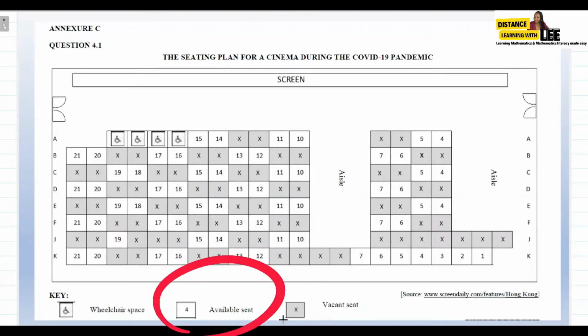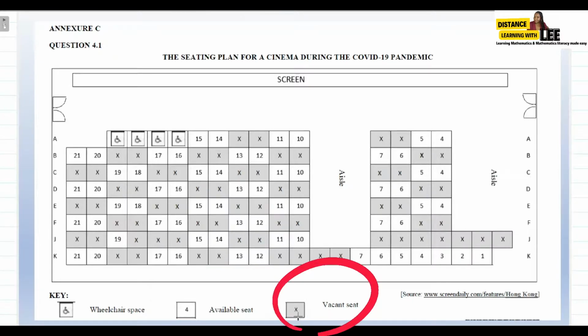And when we see a square with a gray shade, that tells us that it is a vacant seat, or a seat that needs to be left vacant. The word vacant means that it needs to be left empty, so people shouldn't sit on that seat.